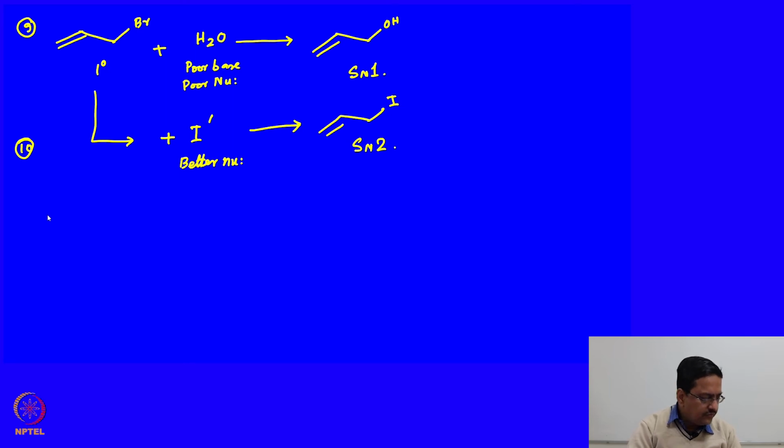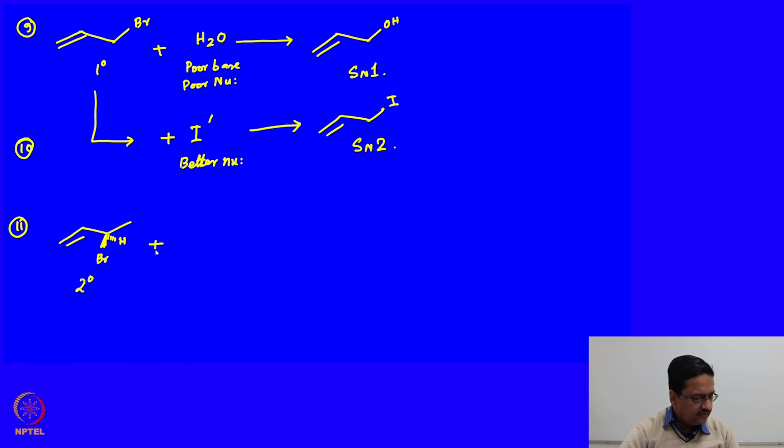Now, if we try to move to a compound where we have the allylic hydrogen, allylic bromide with a 2-degree carbon. This is a 2-degree allylic halide.